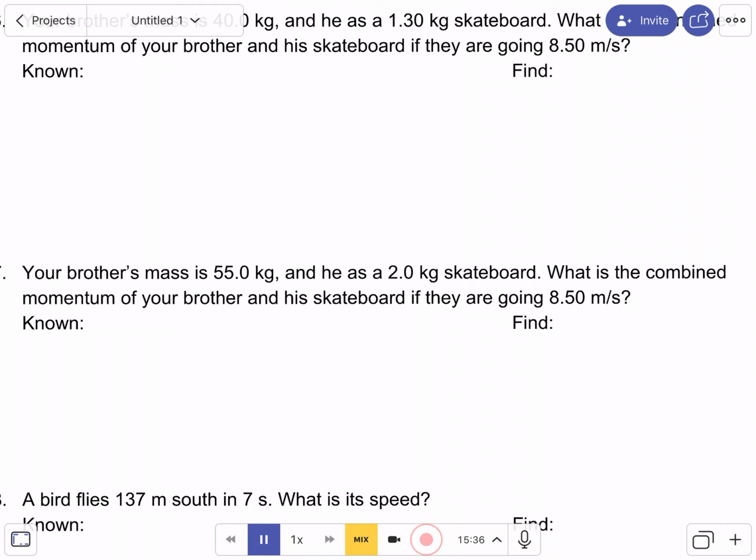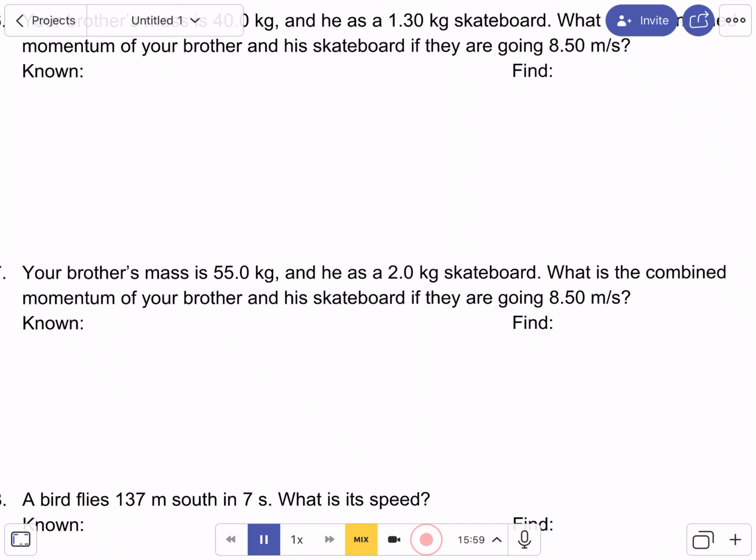Okay, so we have your brother's mass is 40 kilograms and he has a 1.3 kilogram skateboard. What is the combined momentum of your brother and his skateboard if they are going 8.5 meters per second? So, the only thing that is harder here is that there are extra measurements.